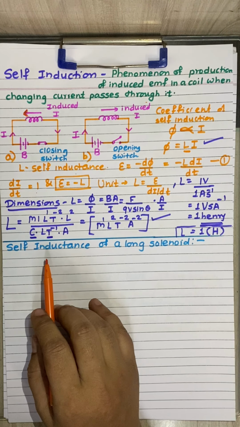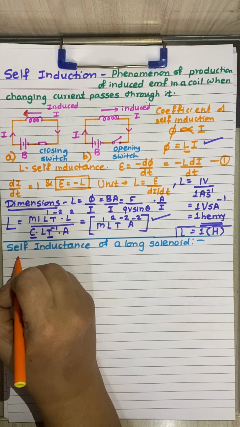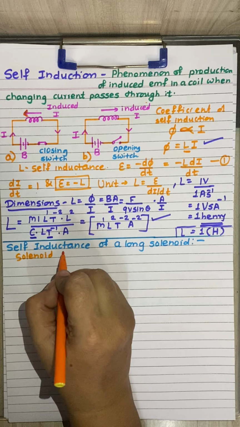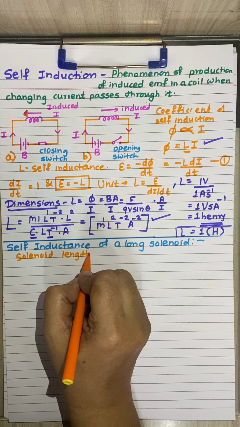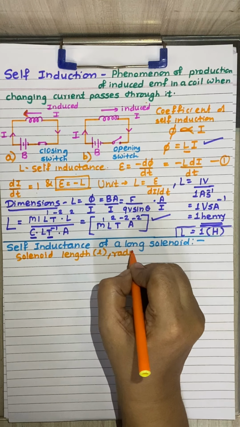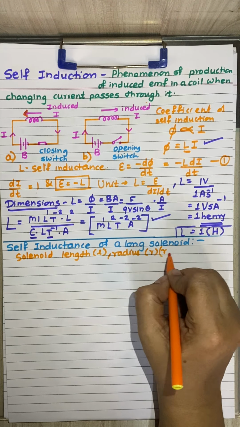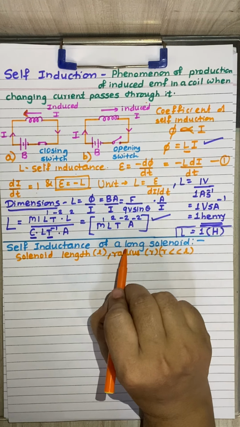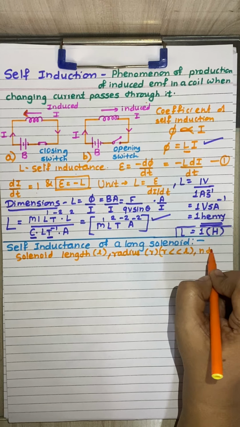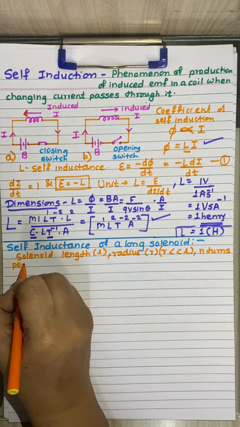So for that we have to consider a long solenoid of length L and radius R. Obviously R is very much less than L. That's what we have said here, a long solenoid, having n turns per unit length.